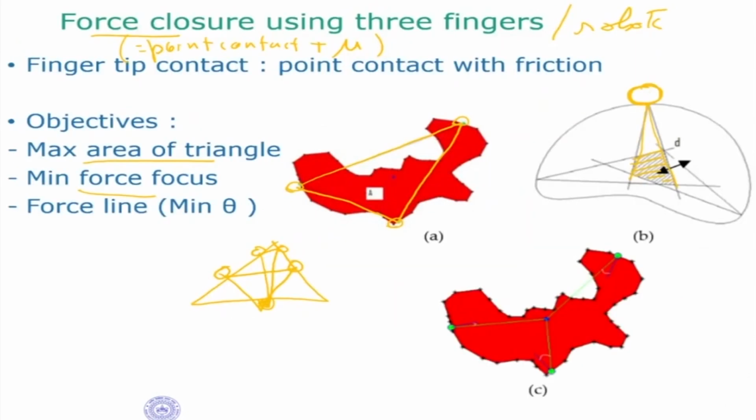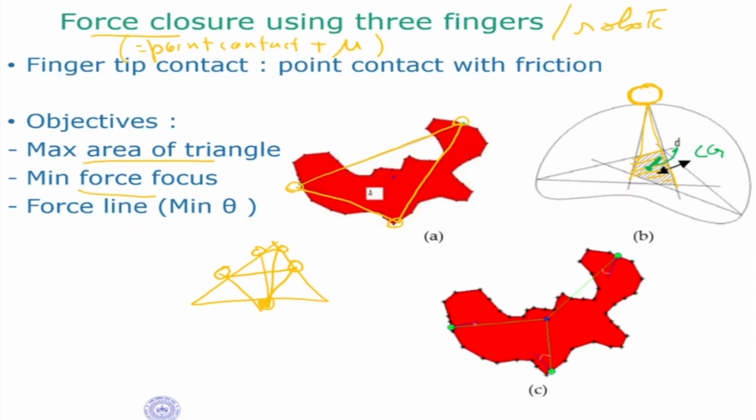In that area where we have the friction cones, we also have the CG of the object, right? So if I take the center of this and the CG, that distance I call distance D. Now that is basically what I mean by force focus. So if the forces are directed towards the CG of the object, then it is known that the grasp is stable. Okay.